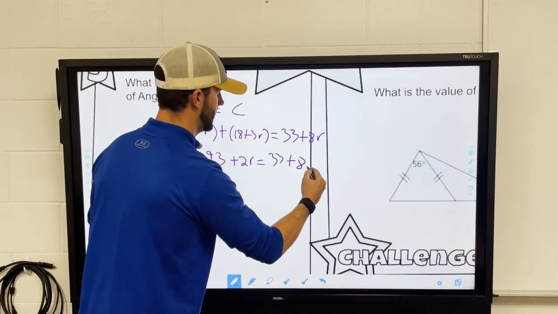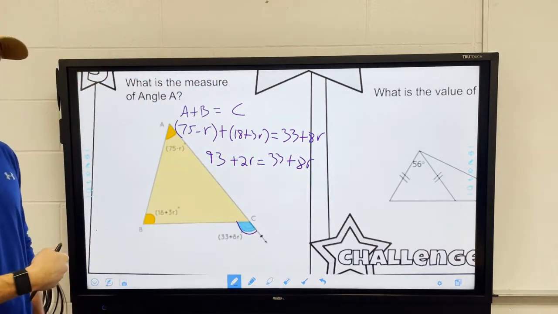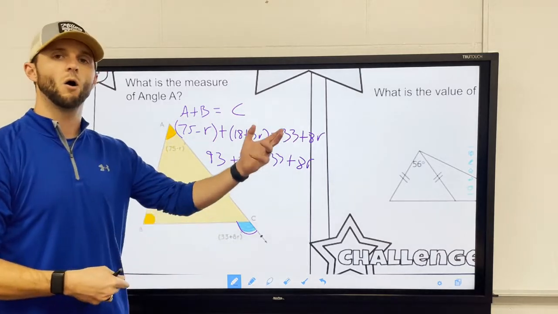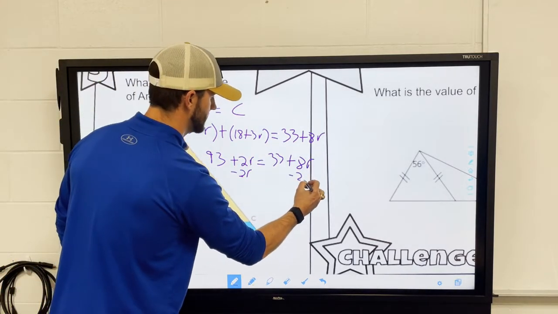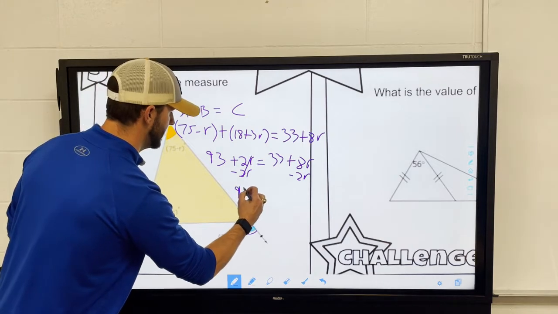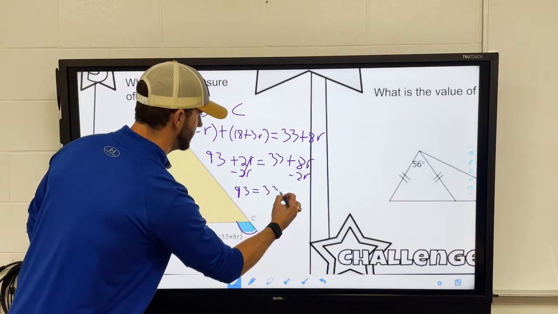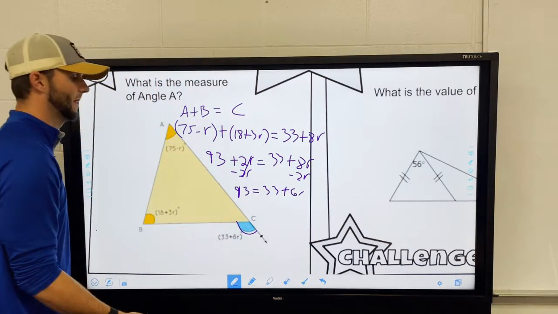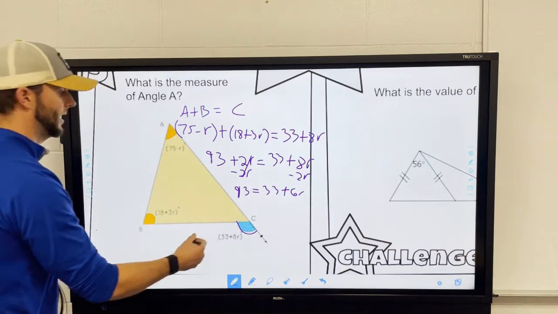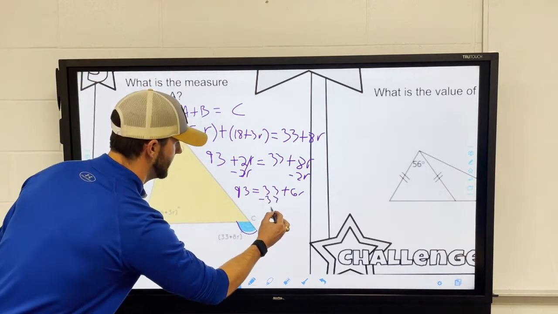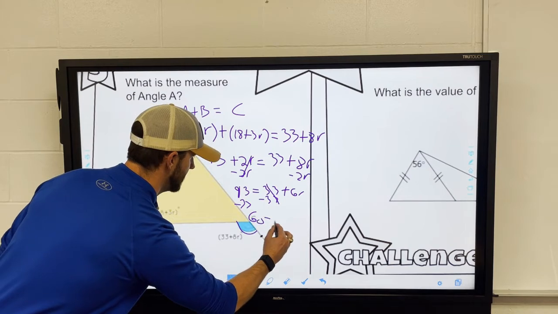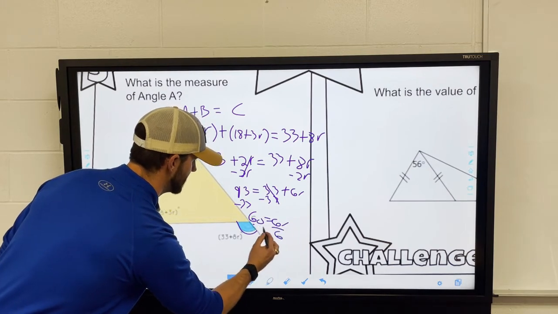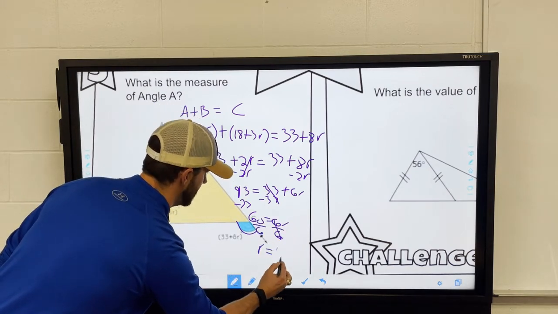Okay, everything's simplified on both sides, so now I'm going to take all my R's on one side, so I'm going to subtract 2R on both sides. So that's going to cancel, so I should get 93 equals 33 plus 6R. I'm going to subtract 33 on both sides. So that's going to end up giving me 60, and then I'm going to divide by 6 on both sides. So R is going to be equal to 10.